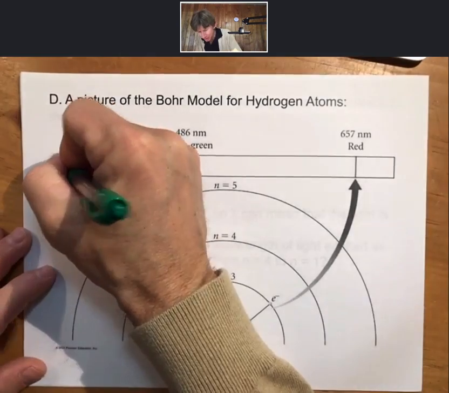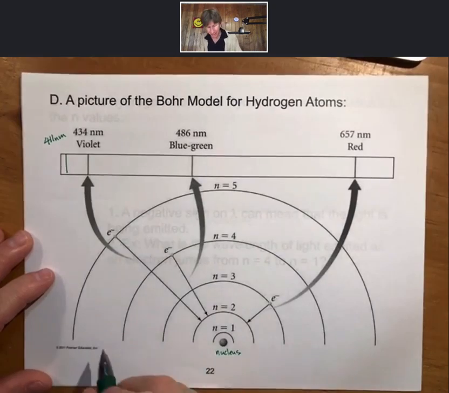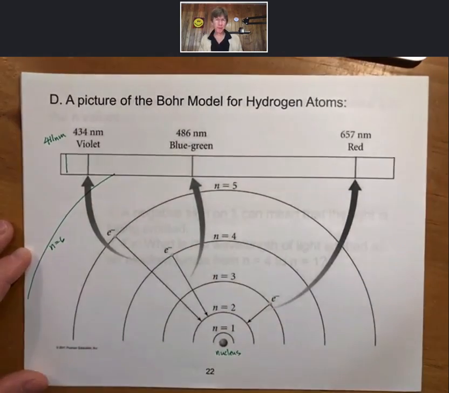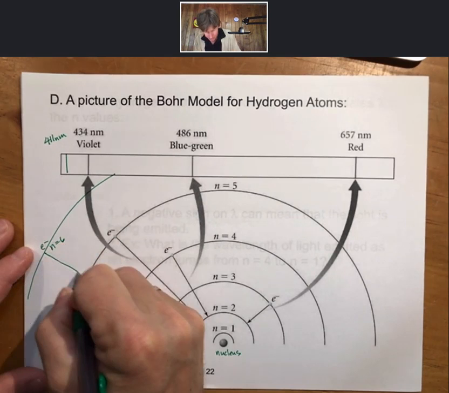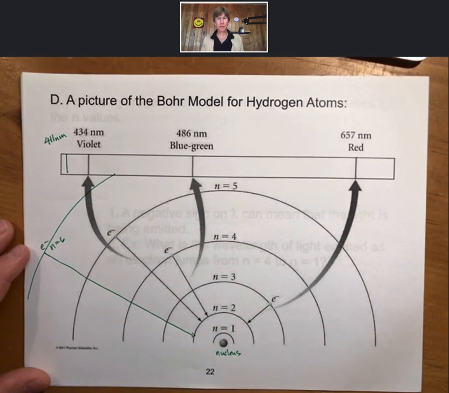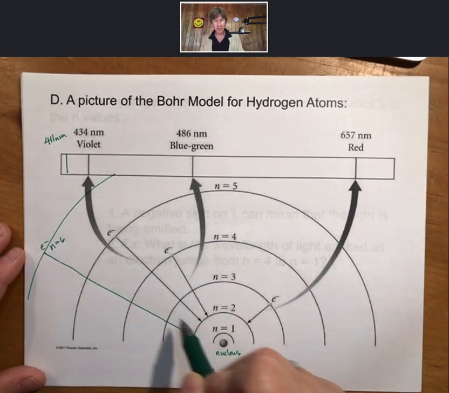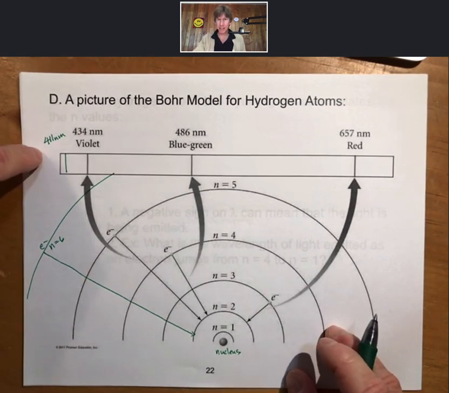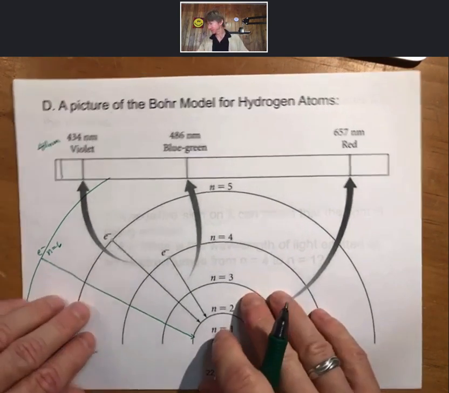And then there's another one over here at 411 nanometers, and that one is from n equals 6 to n equals 2. Now, each of these jumps, if we go from 3 to 1, or any of these down to 1, will be larger energy than the visible region. It'll be in the ultraviolet area. So there are other jumps. These are just the ones we can see in the visible region.